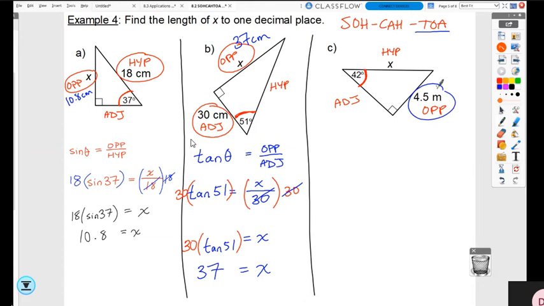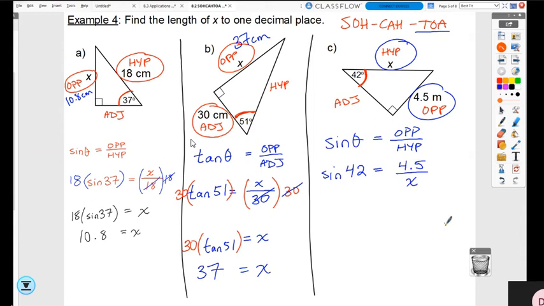Opposite and hypotenuse, perfect. And which trig ratio is that? Sine theta equals opposite over hypotenuse. Let's fill in the blanks here. Sine of 42 equals opposite, which is 4.5, over x.